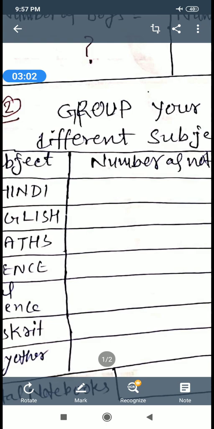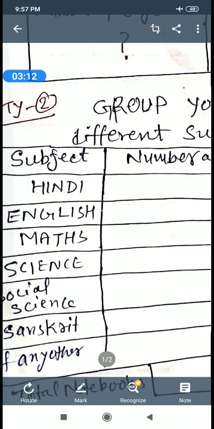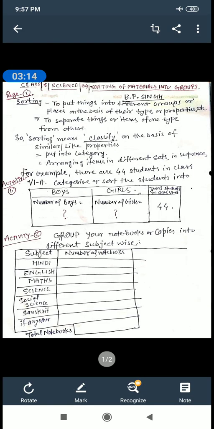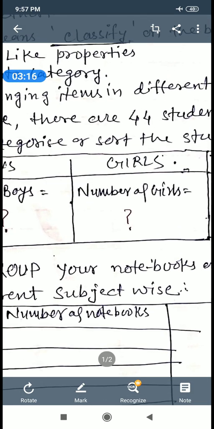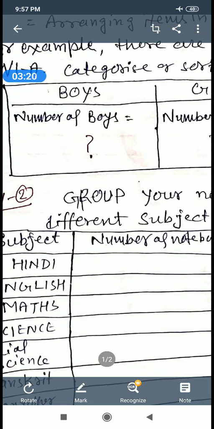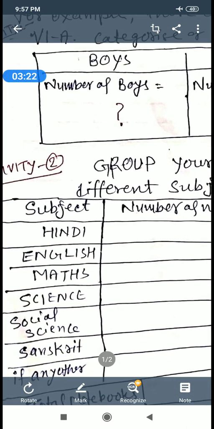Open your bag and first put the notebooks into groups: notebooks for Hindi, notebooks for English, maths, science, social science, Sanskrit.